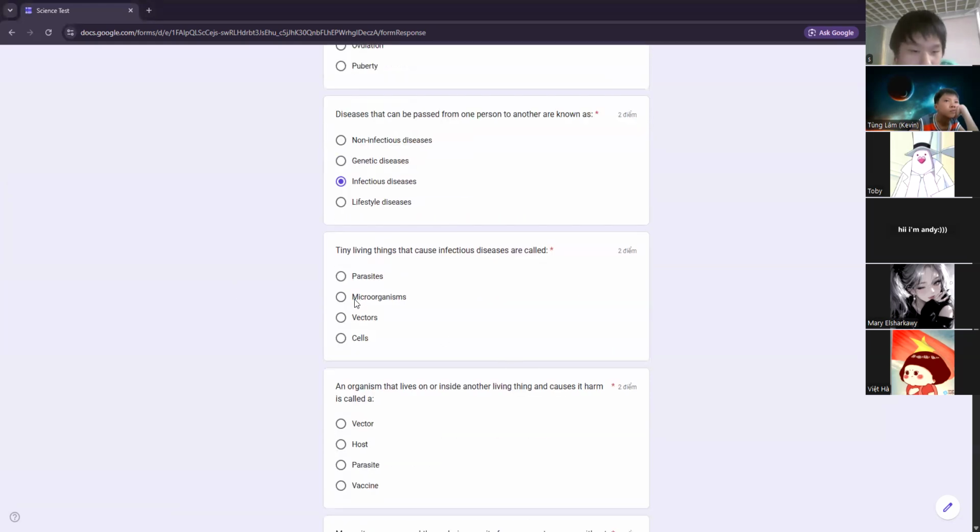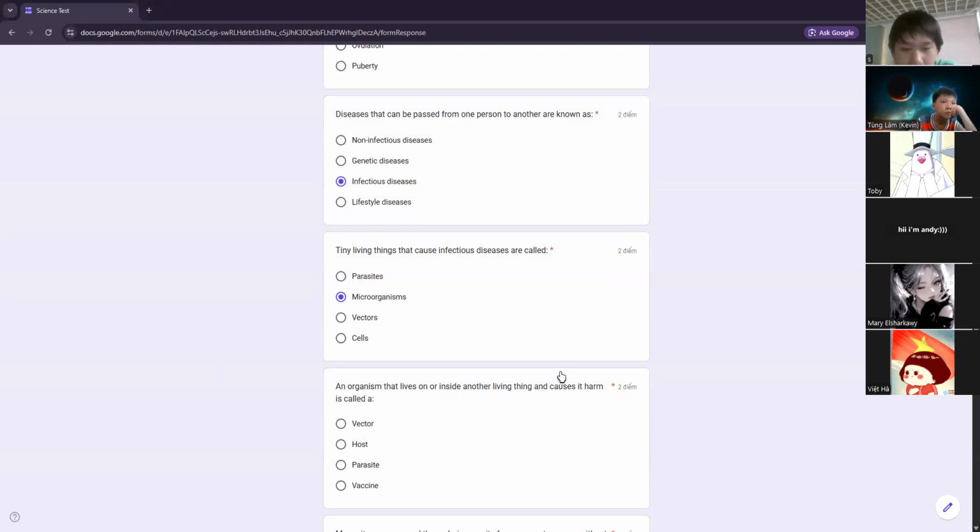Now, yes, microorganisms are the things that produce infectious diseases. To be more specific, microorganisms contain a lot of different organisms such as fungi, viruses, bacteria, etc. Now let's explain why the other options are not correct.